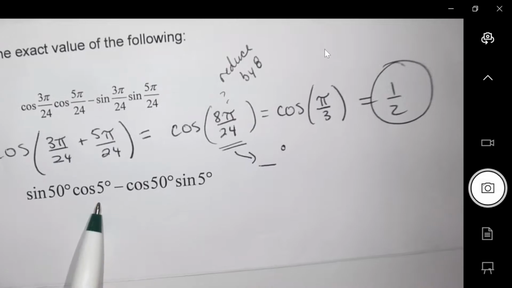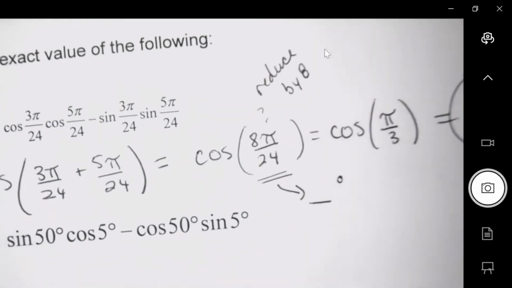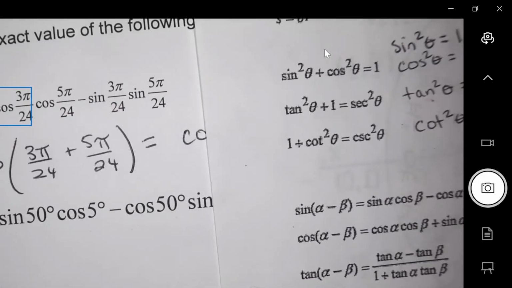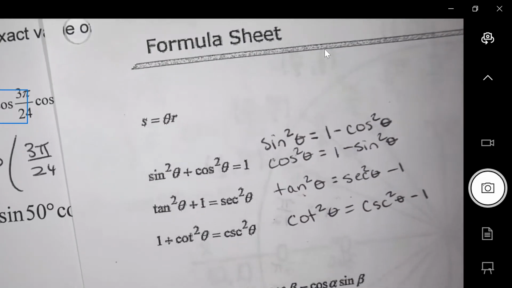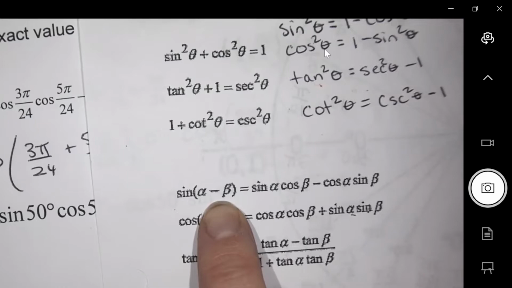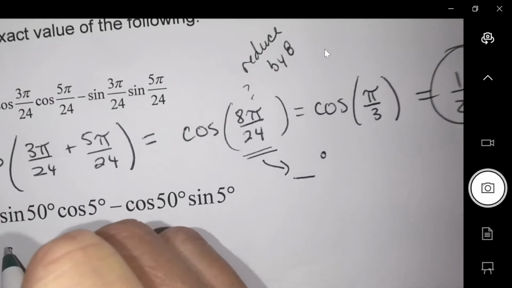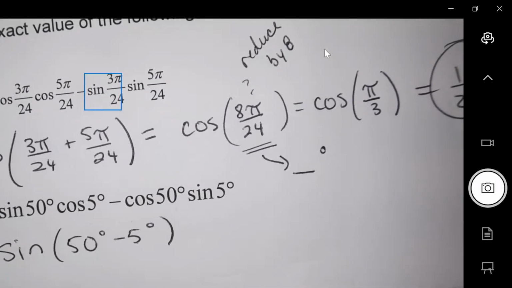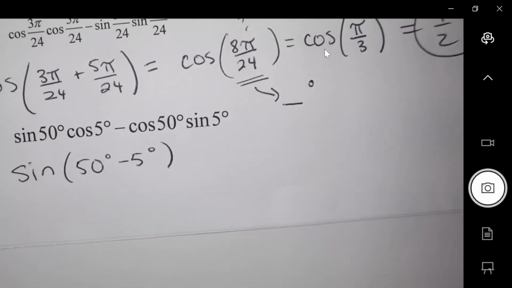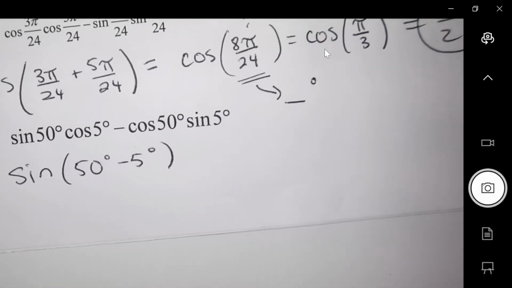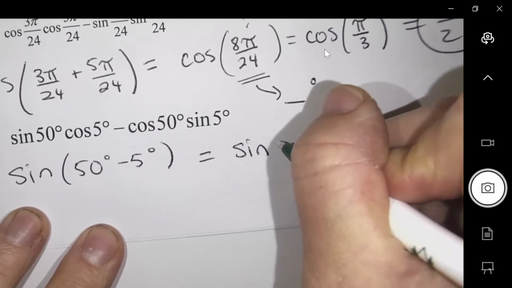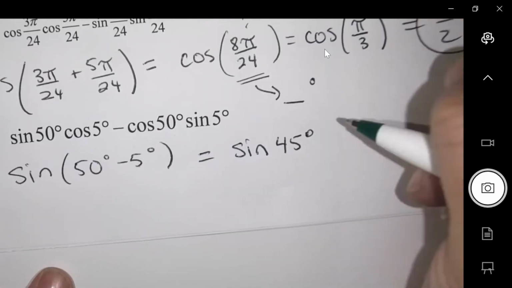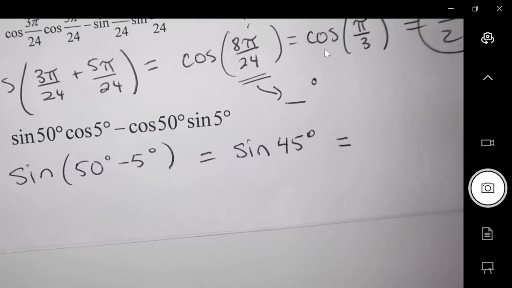Okay, sine cos minus cos sine. What does that look like on your formula sheet? Sine cos minus, I think this one, right? Sine A minus B. Sine of A minus B. Which is, once I subtract, the sine of 45 degrees, which is what trig value?